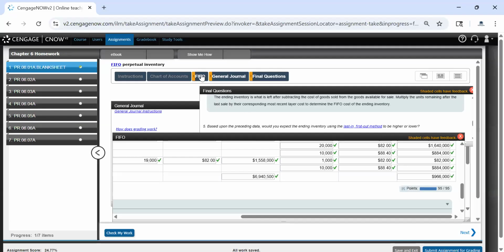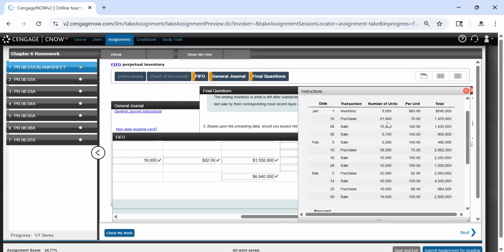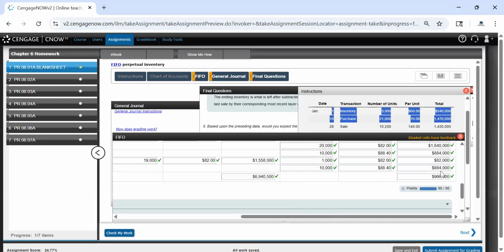And in our instructions, we're in a period of rising costs here.